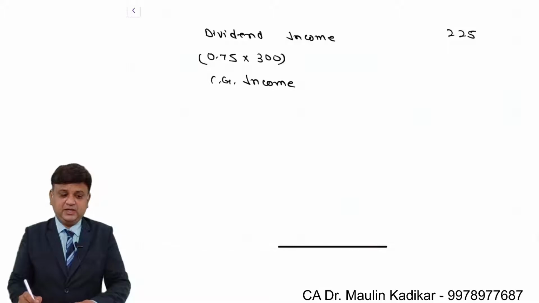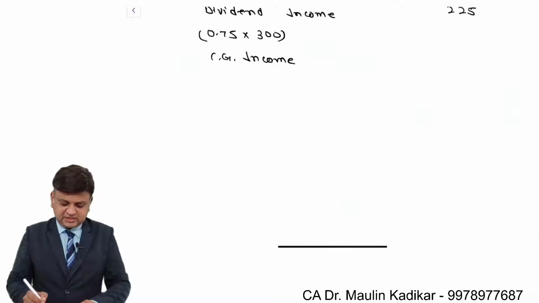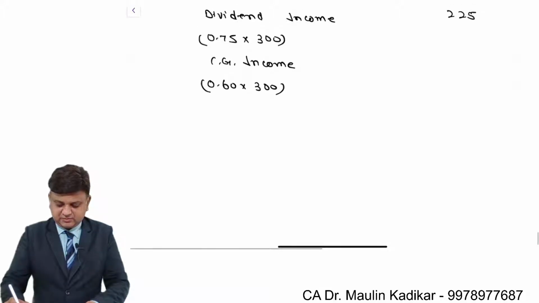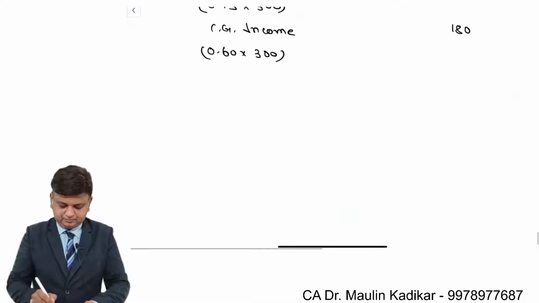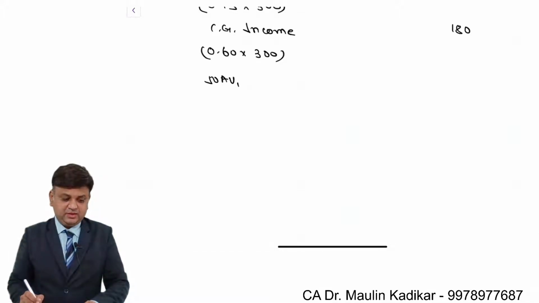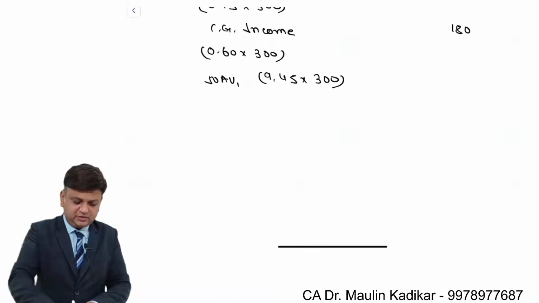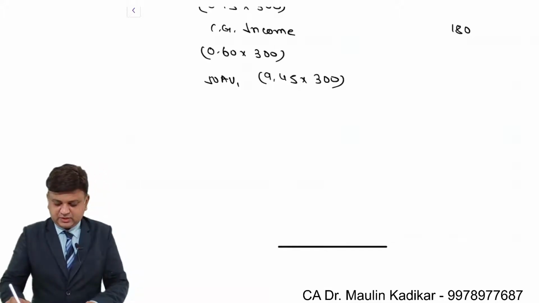Next is the capital gain income. That is 60 paise per unit, again into 300 units. NAV 1, that is 9 rupees 45 paise per unit, into 300 units. That comes to 2835.